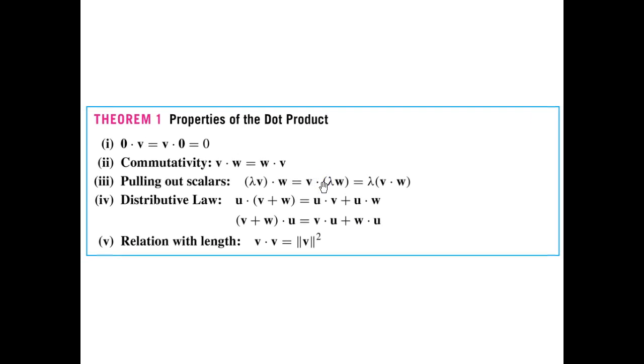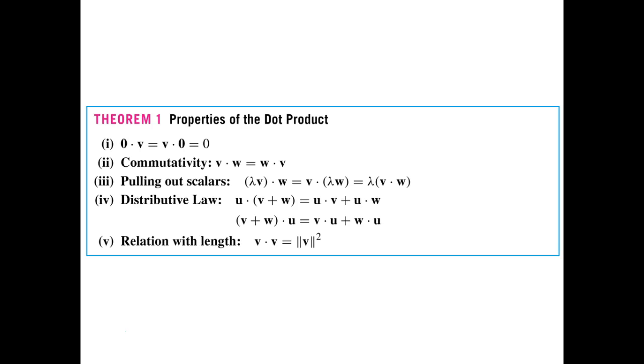First, the zero vector, of course it would have to be the same dimension as the vector V. The zero vector dotted with V is the same as V dotted with the zero vector, and that is the number 0, not the vector 0, because the dot product always produces a scalar. That's a scalar 0.